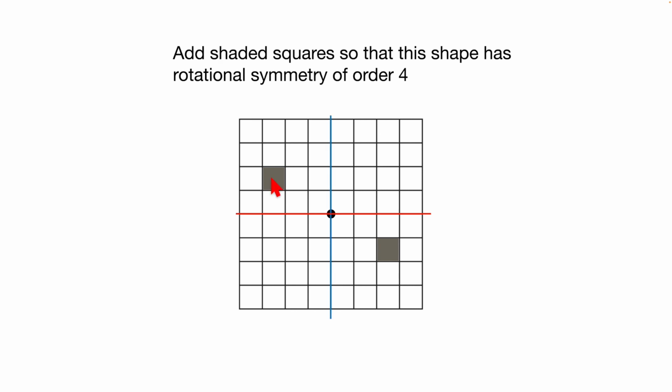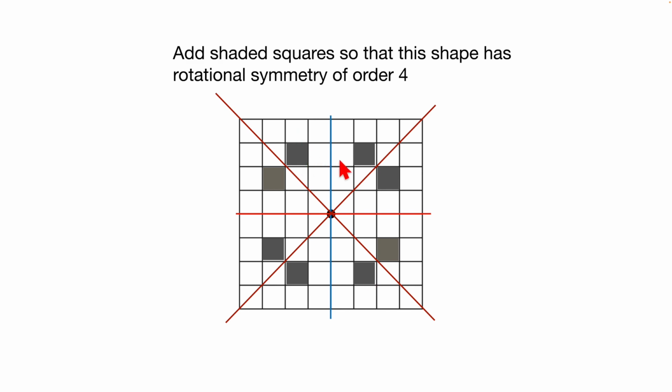So what we need to do is have those 2 lines, and that will give us these 4 if we just leave in all the reflections. But that doesn't work because this does not go to that. This goes to this square here. So we need to use the reflections in the diagonals. So that will reflect down there, that will reflect down there, that will reflect there, and that will reflect there.